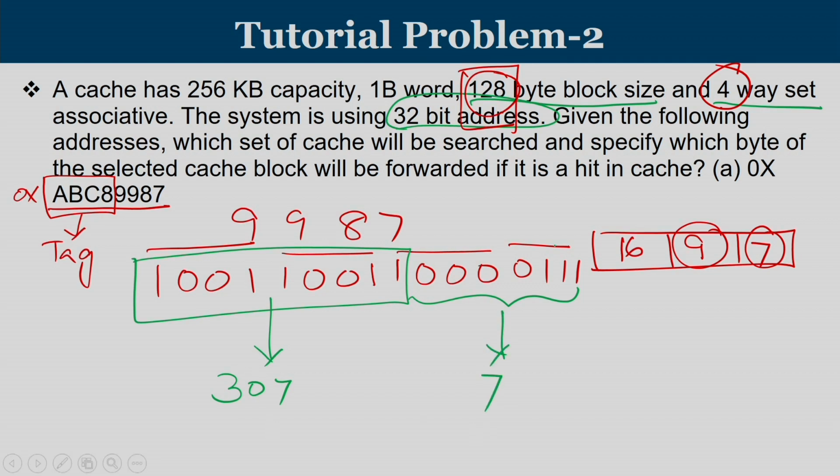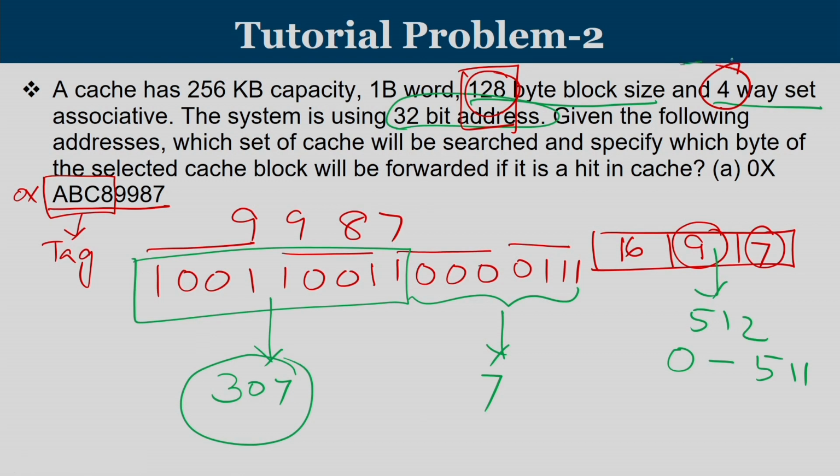So, in short, out of 512 sets which range from 0 to 511, that is the numbering that is given, for this given address, the cache controller is going to search in the 307th set.